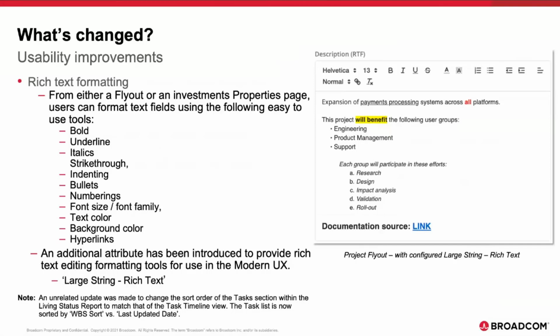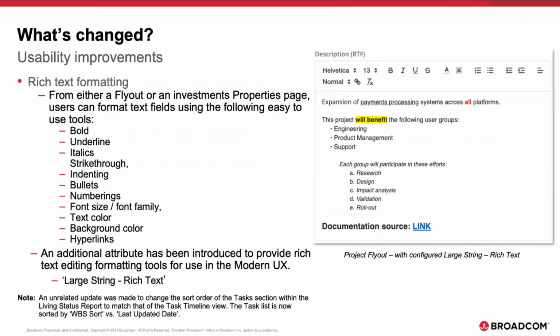Just as a side note, unrelated to rich text formatting, but related to formatting, we made an update to the sort order of the task section within the living status report to match that of the task timeline view. The task list is now sorted by WBS, work breakdown structure, versus the last updated date.